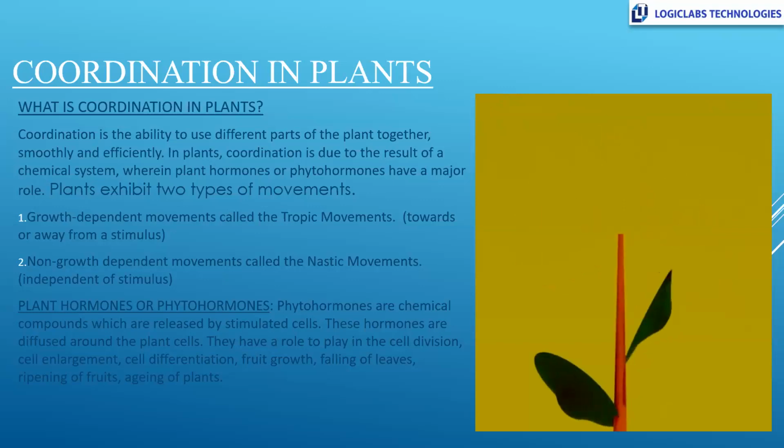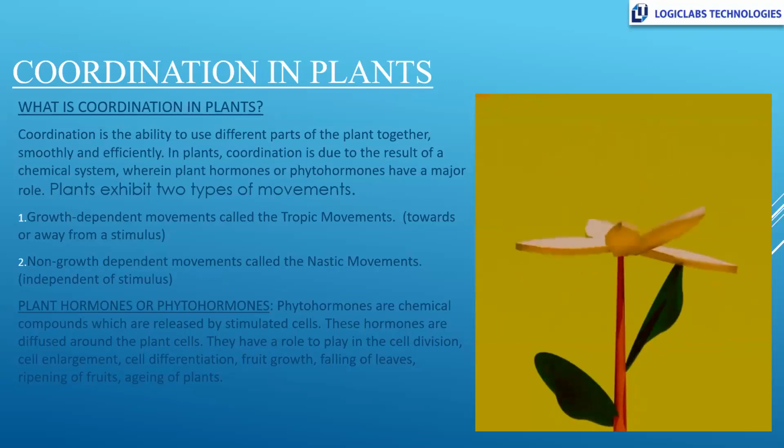The leaves which are growing on the stem start growing very slowly. And then the other parts of the plant also start growing, like your leaves, then comes your flowers, then comes your seeds or the fruit which takes its place. So this is how the coordination happens in plants.